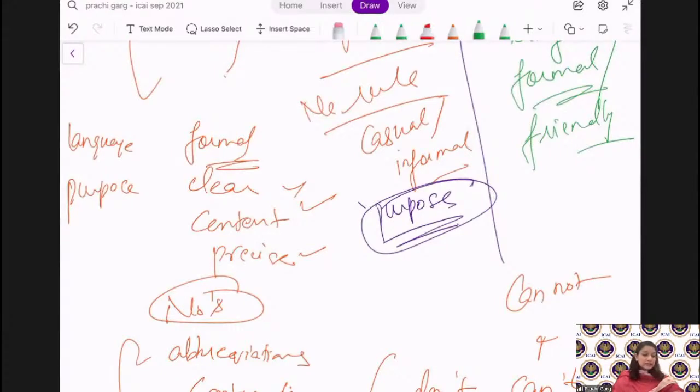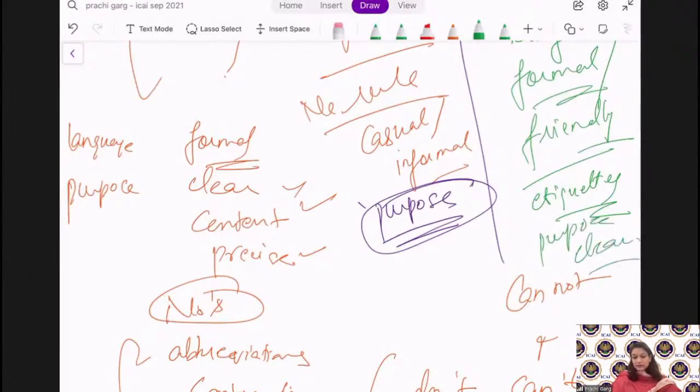However, maintaining etiquette is essential. The purpose of the email and message should be clear. You have to maintain the etiquettes in the writing, which we did not specify in formal writing. Then, of course, your purpose should be clear. Your intent should be clear while you're writing an email. Am I clear?